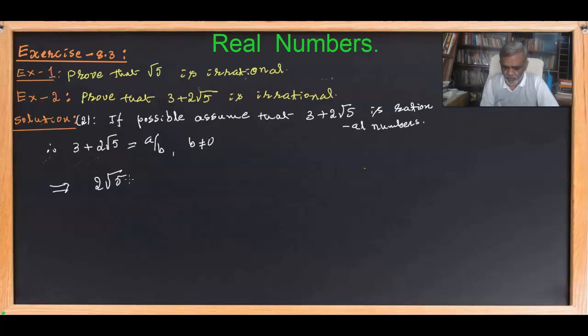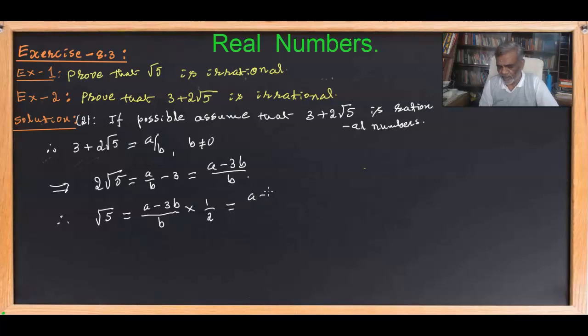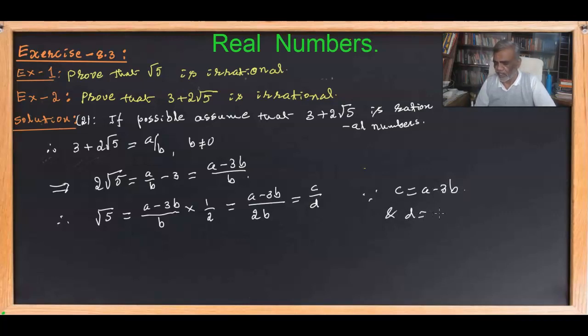2 root 5 is equal to a by b minus 3, which can be written as a minus 3b by b, and therefore root 5 is equal to a minus 3b divided by b into 1 by 2, that is a minus 3b by 2b, which I can write as c by d, a rational number, because we can assume that c is equal to a minus 3b and d is equal to 2b.